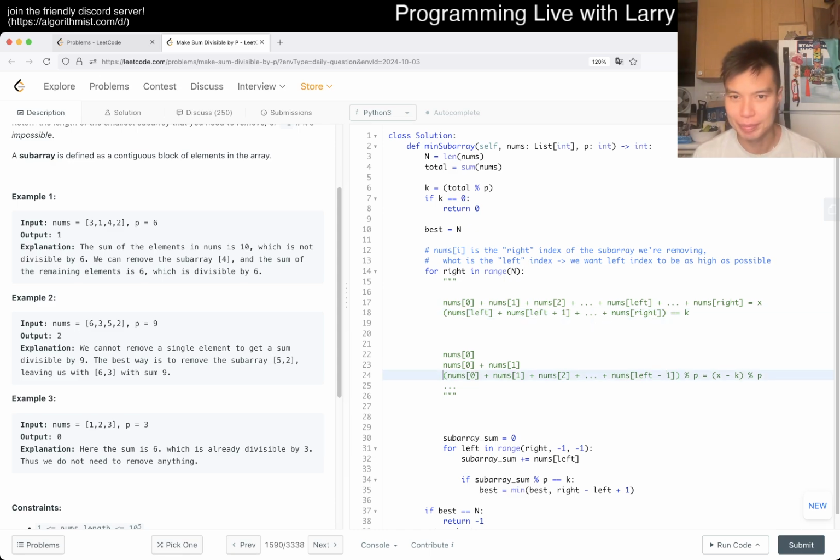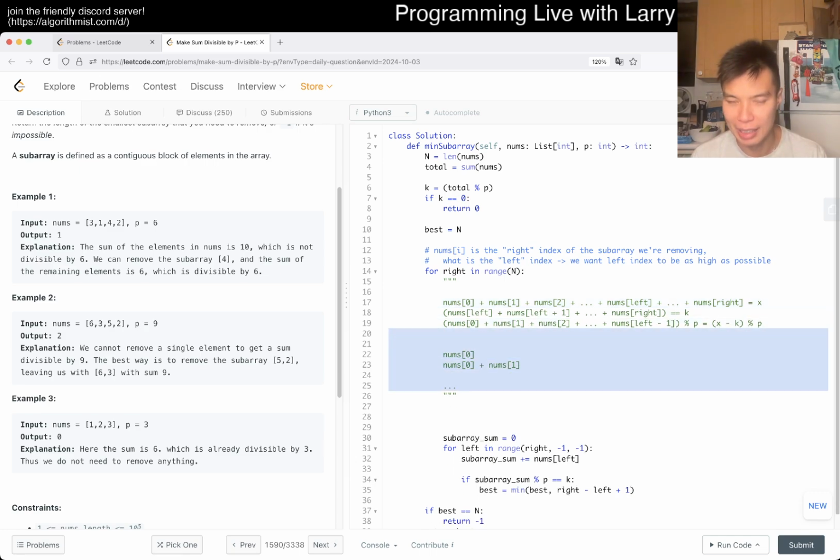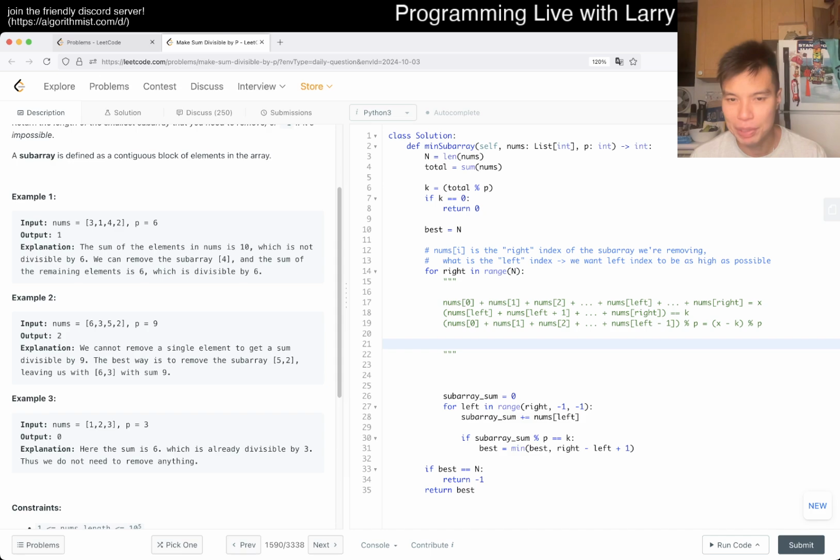The prefix sum gives me this number. We know we want this number to be this number. Everything's under mod p, so we can just subtract this from this, and you get x minus k on the right side, and then everything here cancels out, so it's just left of it, which is how you get this number, right?